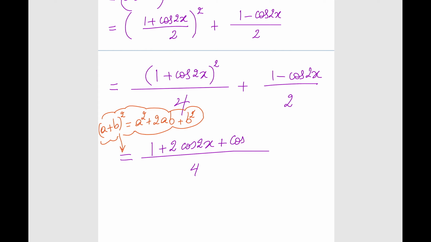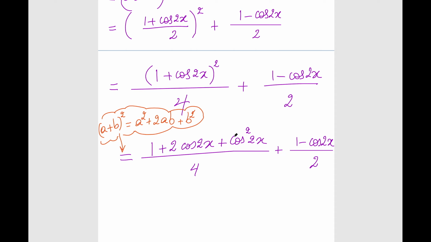So it's going to be the square of cosine of 2x, plus this other quotient that's sitting here, 1 minus cosine of 2x. Sounds good?